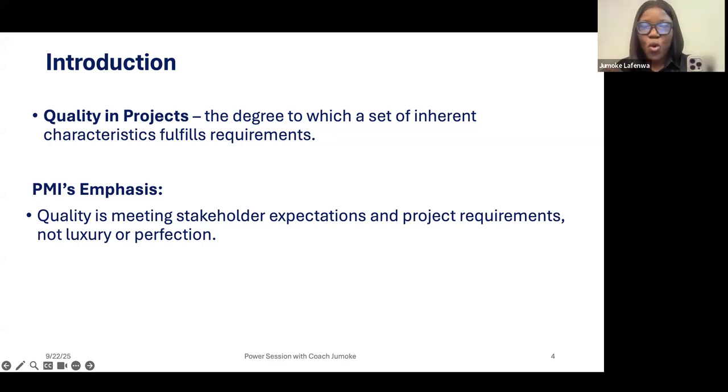Gold plating. What you are supposed to do as a project manager is to ensure that the scope is well defined. The scope is defined through requirements, through what the stakeholders tell you they want in the project. And who are your stakeholders? They could be individuals, they could be a group of people, they could be organization, they could be community. You will identify them with your project team.